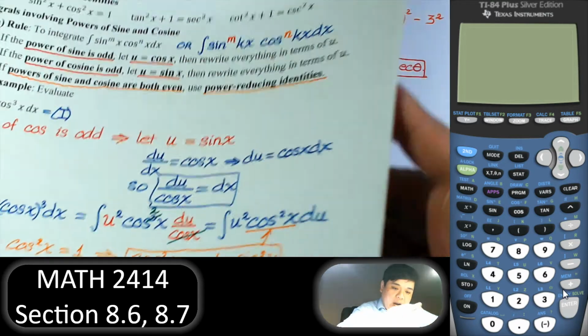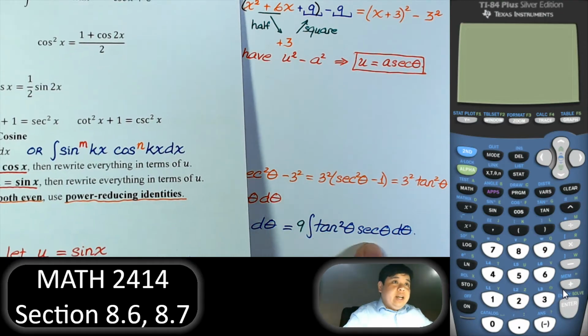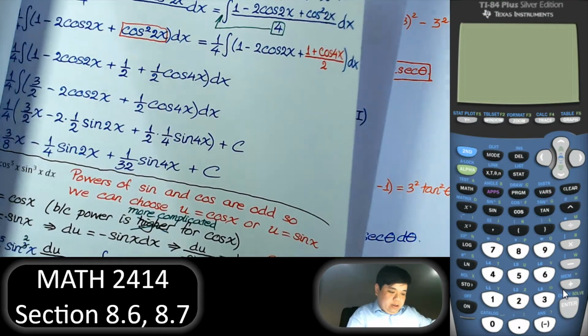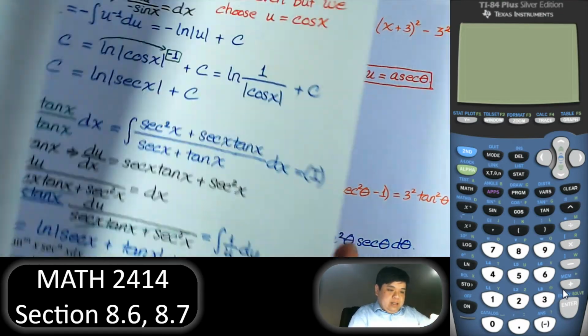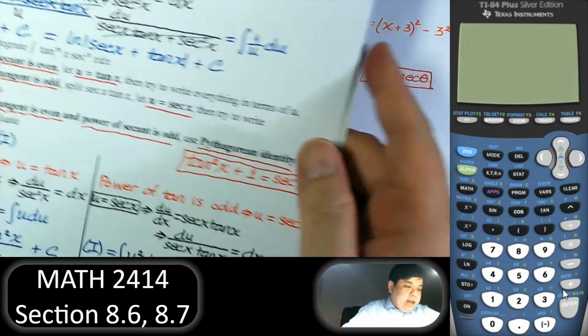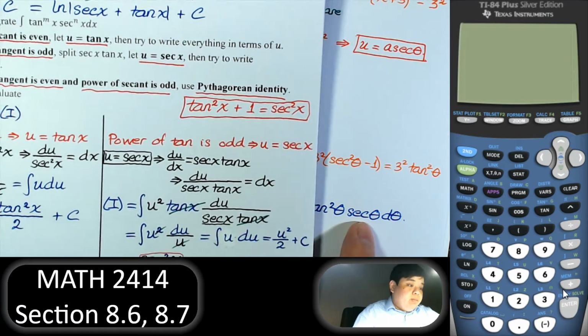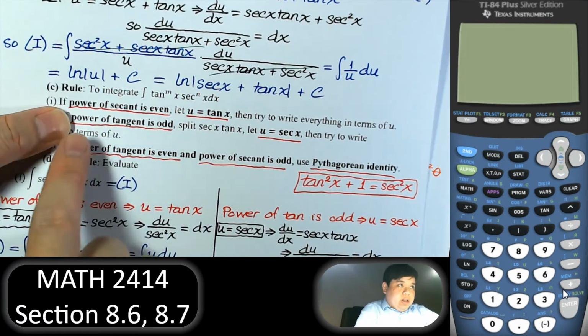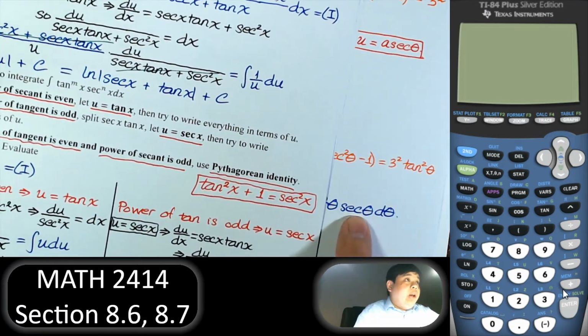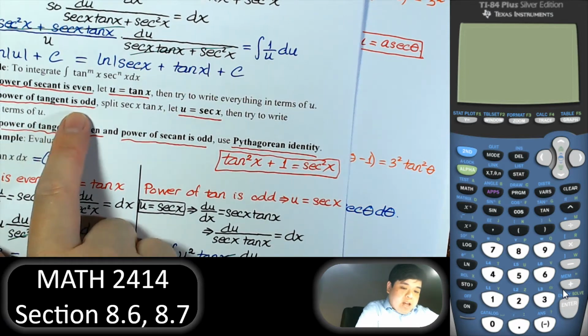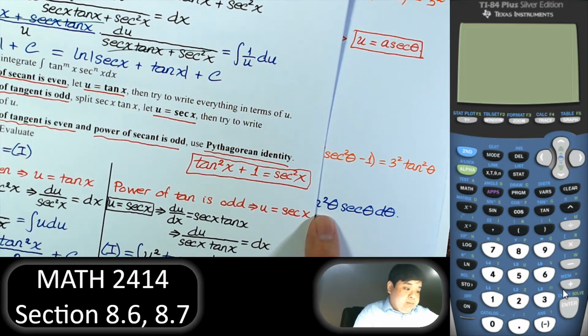So we have powers of tangent and secant. Here, if the power of secant is even, so we look at this, power of secant is even, nope, we don't have it. If the power of tangent is odd, we don't have that either, so that's complicated.